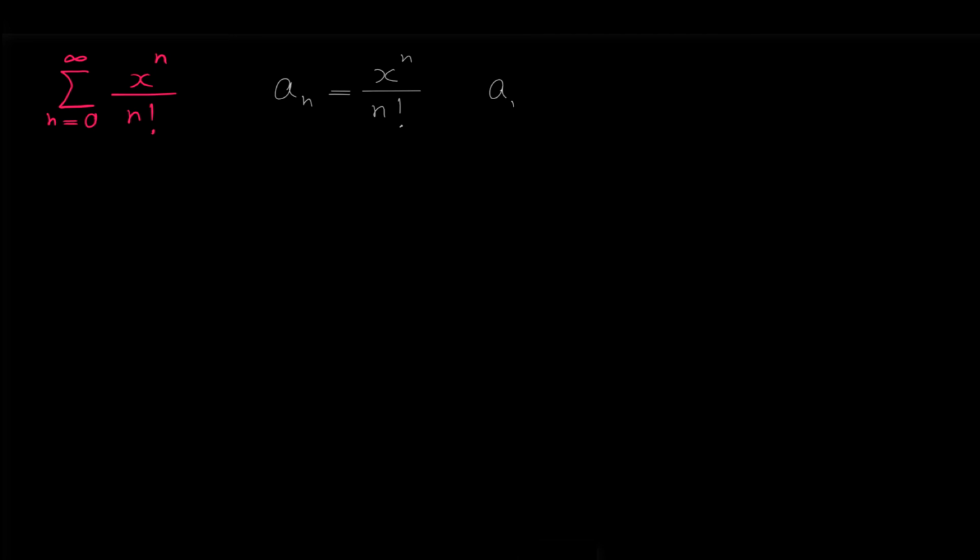And so a sub n plus 1 is x to the power of n plus 1 over (n plus 1) factorial. Again, we use the ratio test for finding the values of x that make this series convergent. We have to find the limit as n approaches infinity of the absolute value of a sub n plus 1 over a sub n.